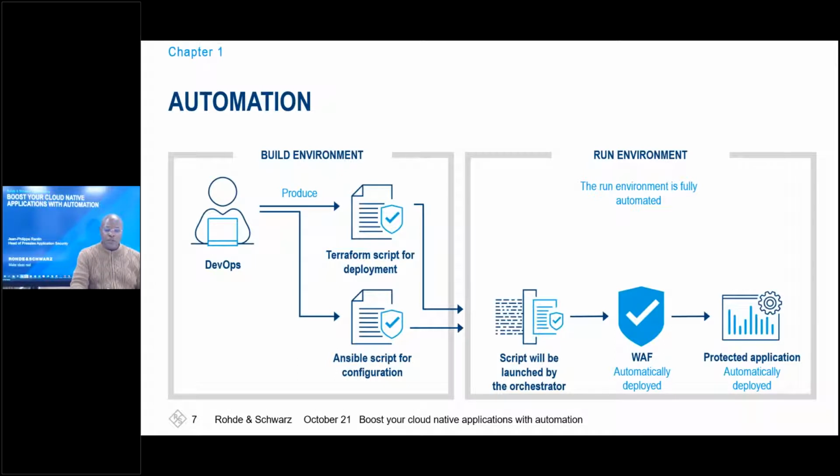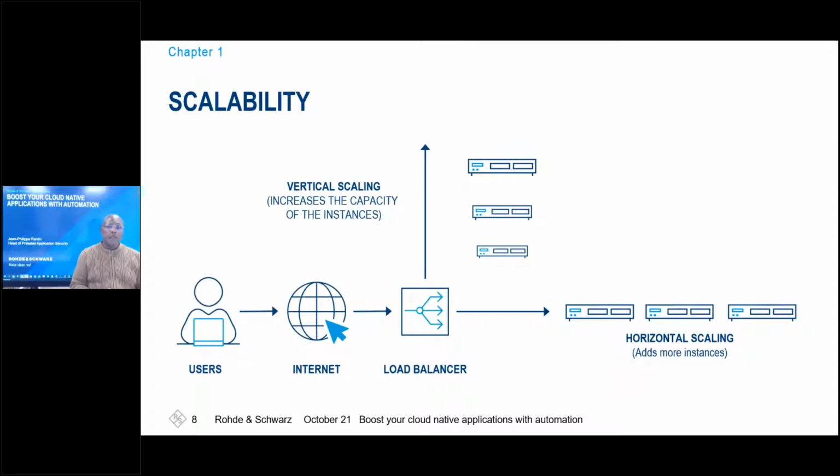One of the important things when talking about automation globally is definitely scalability. You can scale vertically, you can scale horizontally, and they are two different types of scaling, reached in two different manners. Usually, if you scale vertically, then you will increase the capacity of the instance.